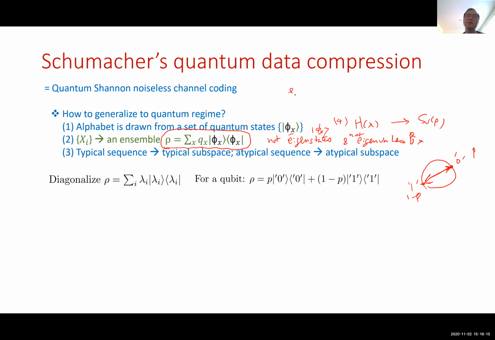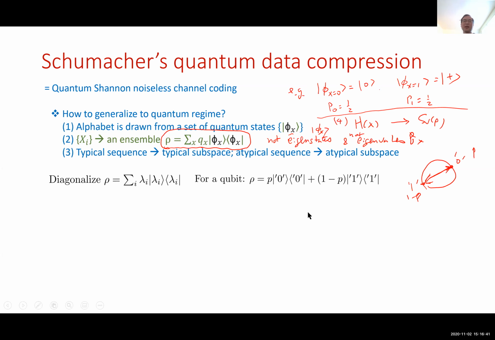So let me just give an example. I say phi x of 0 is 0, and phi x of 1 is plus. This will be the example that I'm going to use.